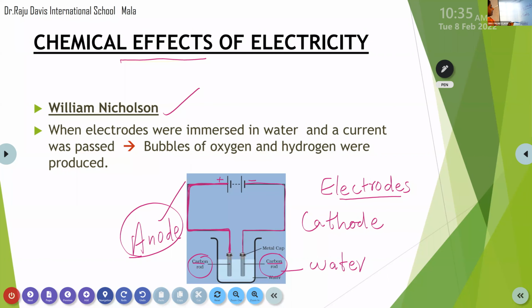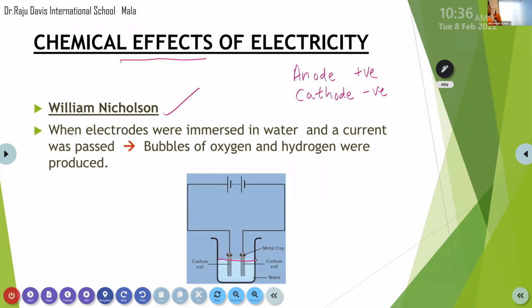In order to understand whether there is any change in this water when it passes electricity, William Nicholson did one experiment. He took one container containing water as the liquid, connected to an electric circuit, and the electric wires are connected to two metal rods dipped inside the water.